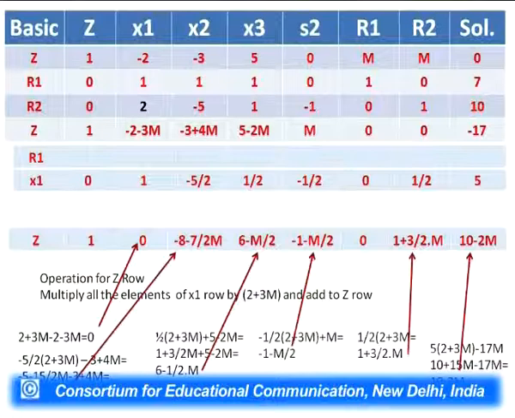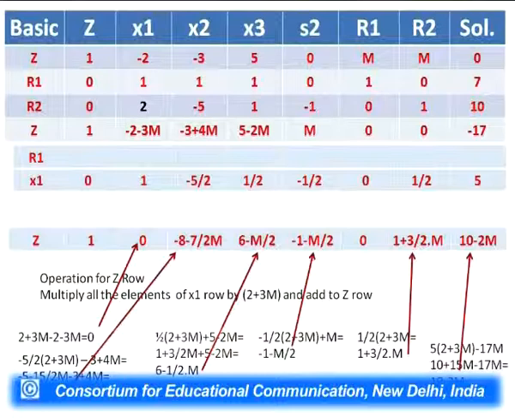I think I am able to clearly demonstrate how the Z row has been modified. Here we wanted nothing but the value of the cell under the X1 variable, which was a pivot column, to bring it to 0. And this has been brought about by which method?